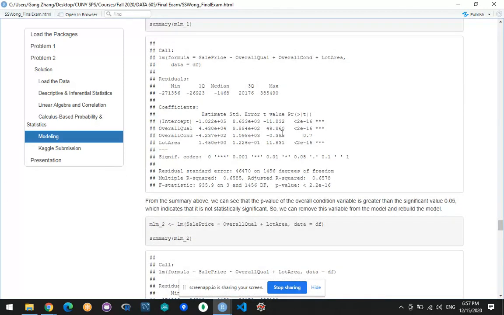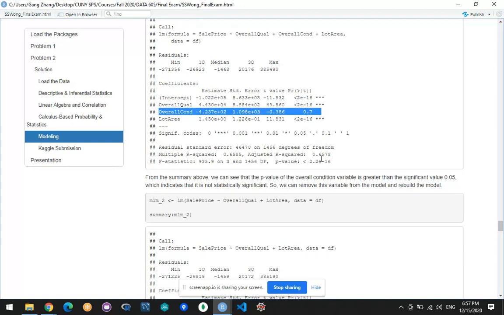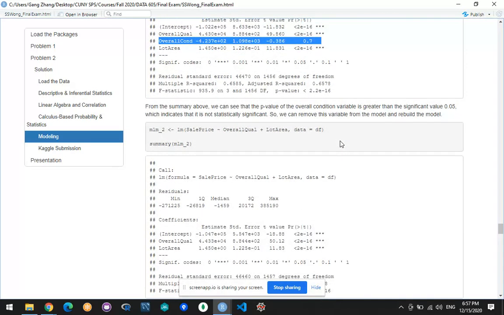From here, we can see that for overall condition, the p-value is much higher than the significance level, which means it's not statistically significant.